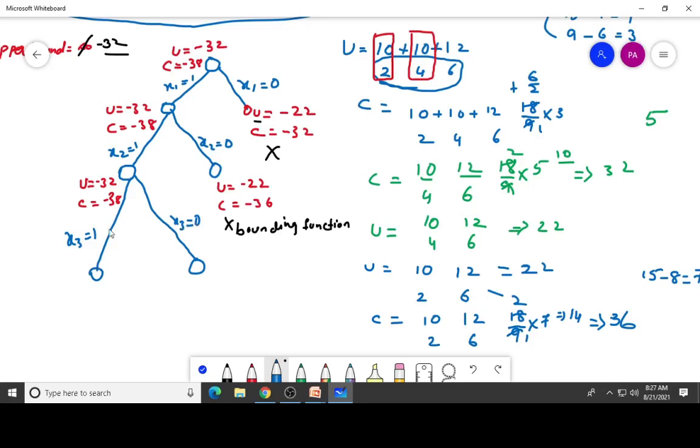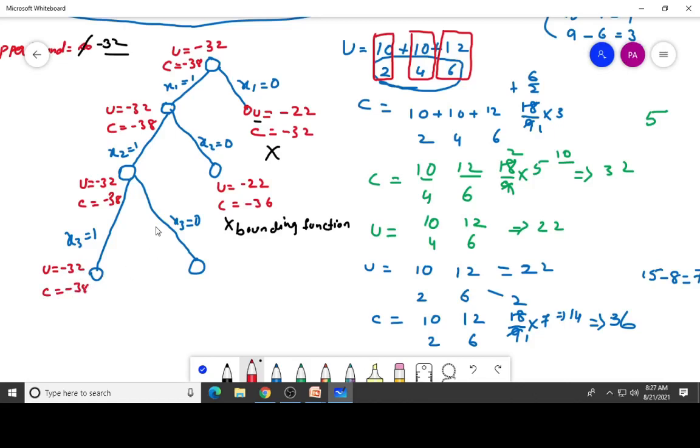Now if I add, in the first itself we saw we added 1, 2, 3, so whatever value you got for the upper bound and the cost, the same thing we will have here. So what is that? U is equal to minus 32, C is equal to minus 38.